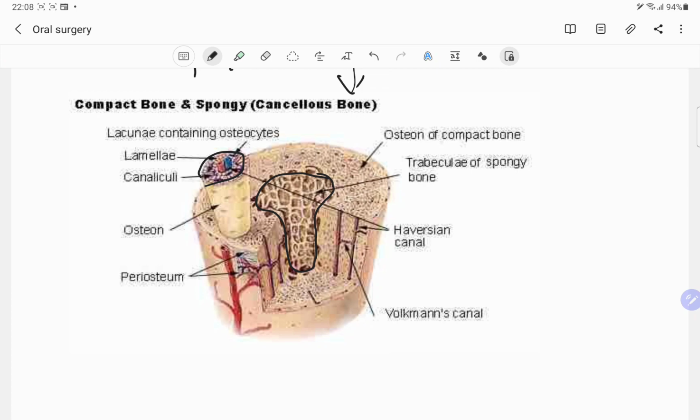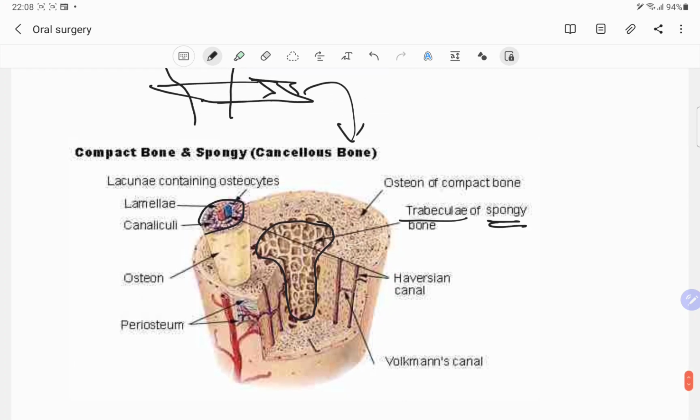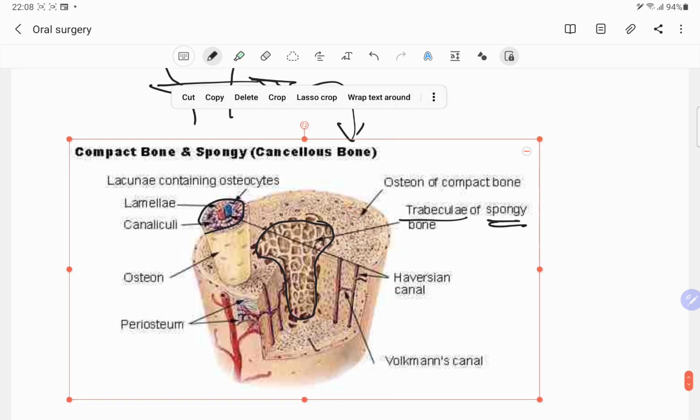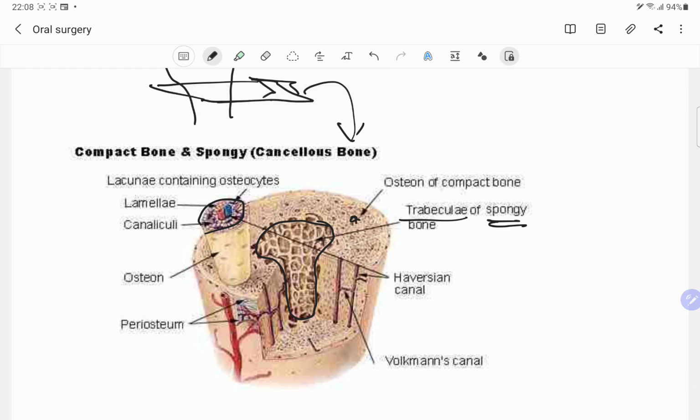There is a lot of air space, and this type of bone is what we call spongy bone or trabecular bone, a lightly packed bone, so it makes the bone lighter. Outside this we have the cortical bone, the compact bone, which is very densely packed.